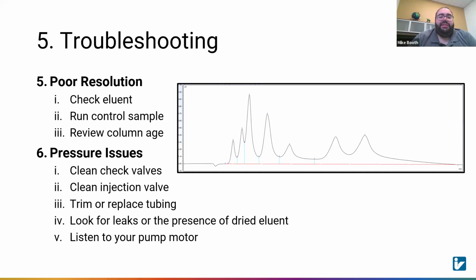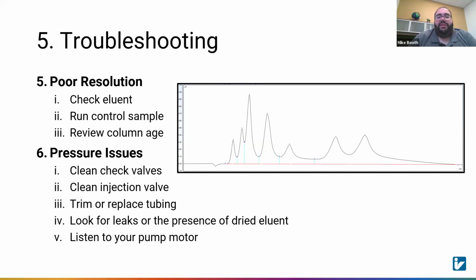If you're experiencing low pressure issues, usually a good indicator is a leak. So those are usually easy to spot if your flow rate is relatively high. If you're running a low flow rate, it may be hard to see it. So what you can look for is dried eluent. The flow rate is just so small, you don't see droplets forming anywhere in the system.